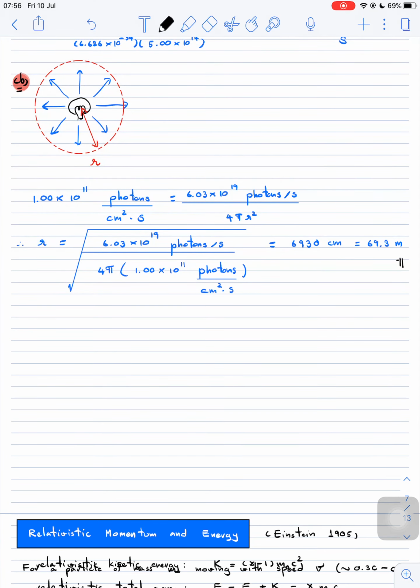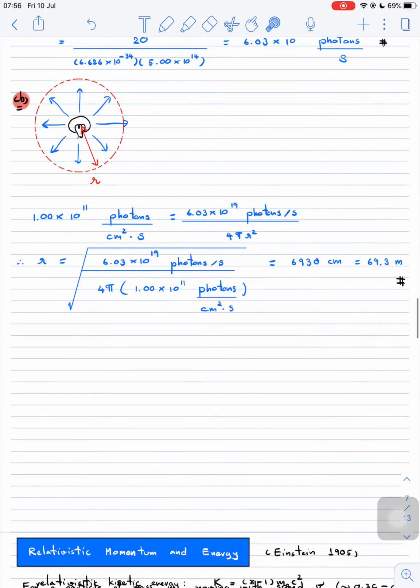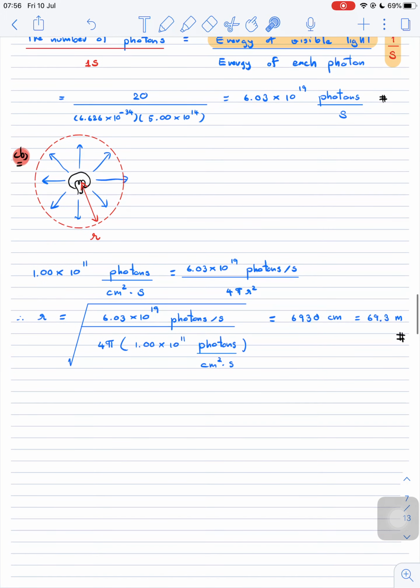So this is the answer. It means that we need to detect the photon at this distance from the light bulb.